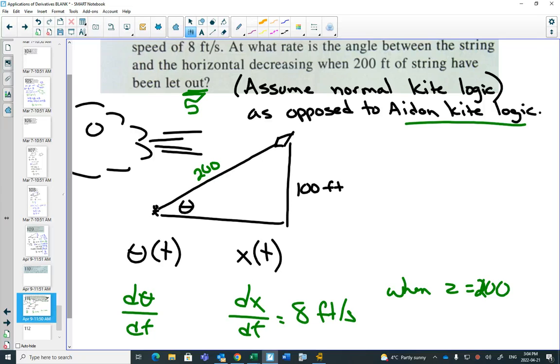Root 3 times 100? I think so. So x, or I'd write that as 100 root 3. A squared plus b squared equals c squared. Yeah, I think that works.